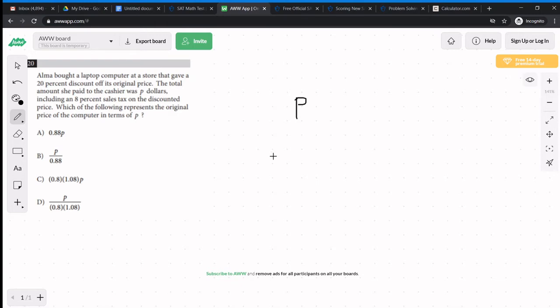Alright, so let's say T is the original price, right? A 20% discount means it's going to be 80% of the original price. So that's going to be 0.8T. That is the new discounted price. Now, in order to get P, we're going to have to multiply this by 1.08.